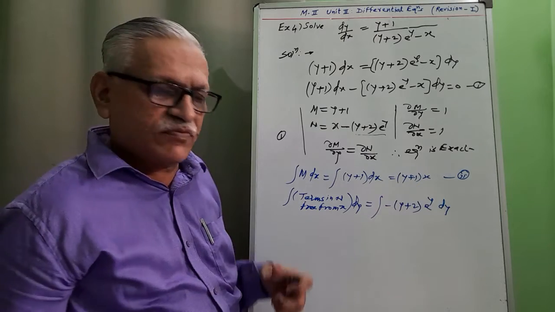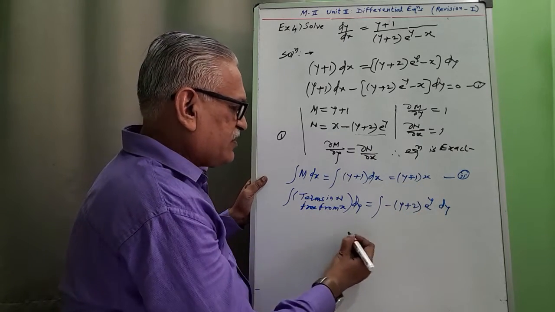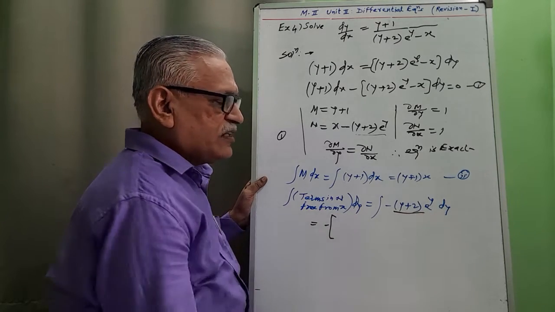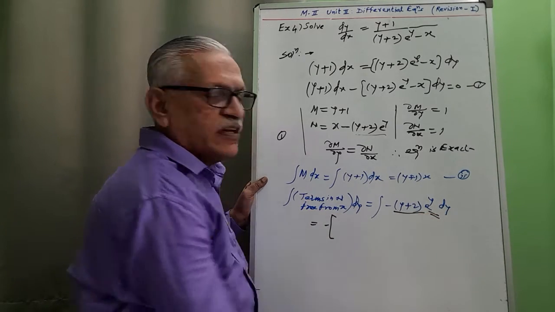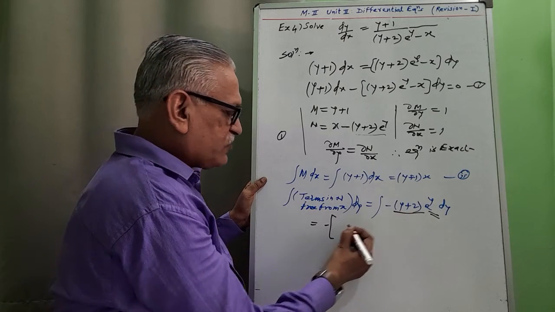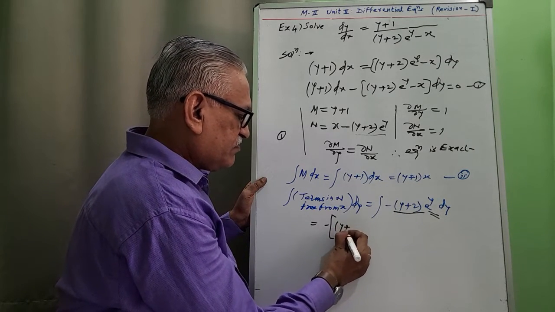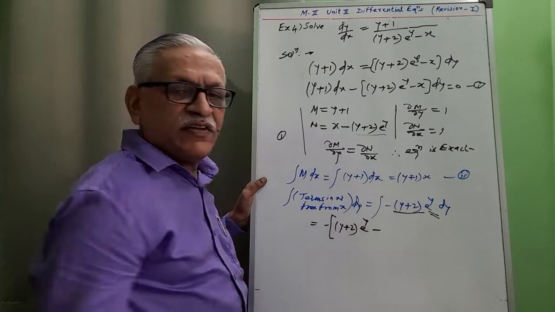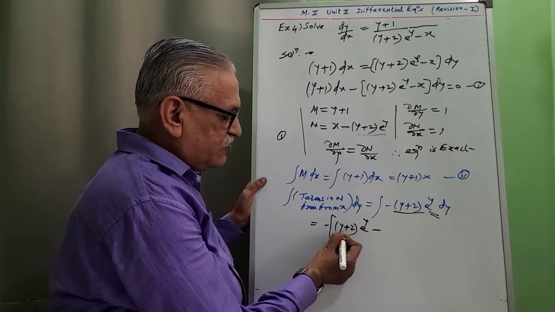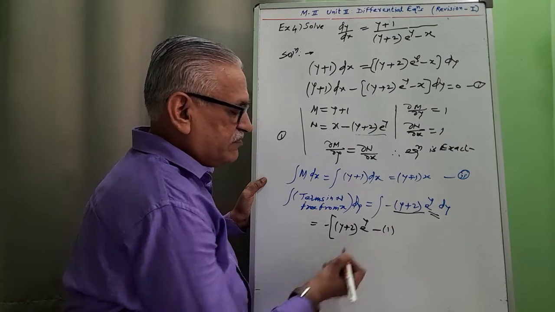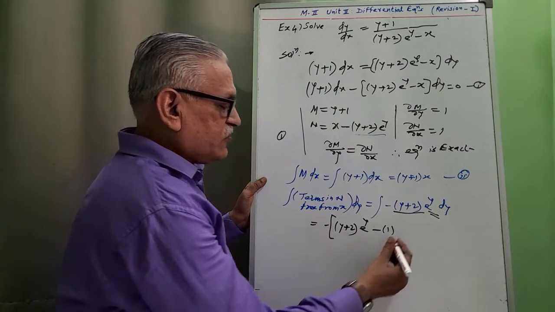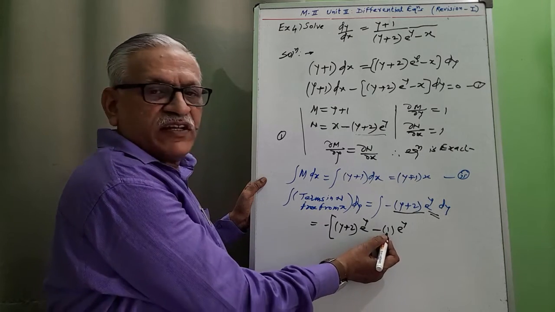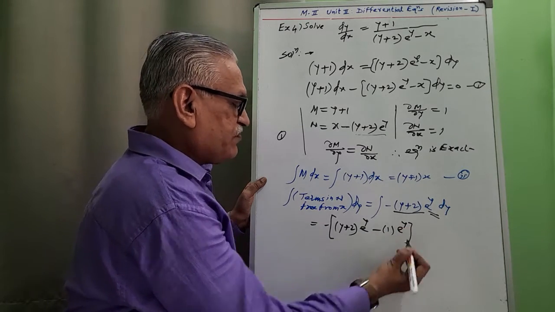Again a product of two terms, therefore by generalized part, minus sign outside. y plus 2 is algebraic and e raised to y is exponential. Therefore y plus 2 first term, integration of e raised to y is e raised to y, then minus derivative of this term with respect to y is 1, and next integration of it is e raised to y. A constant term, next derivative 0, here we stop.